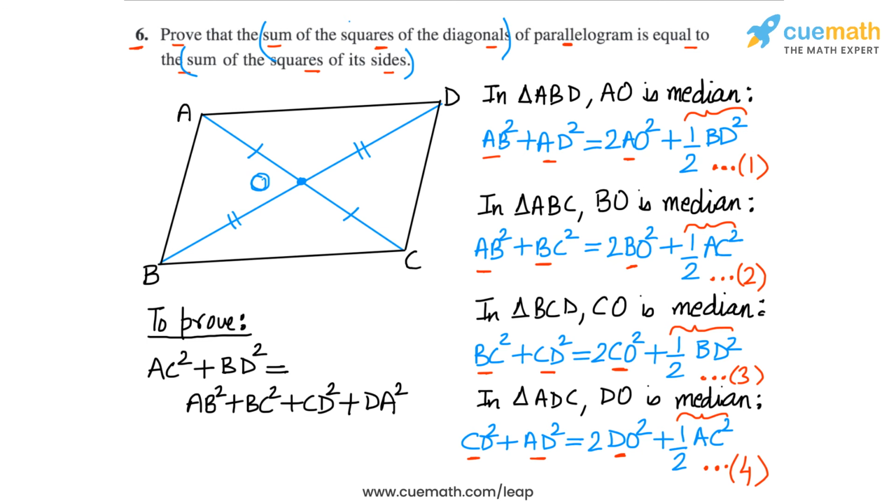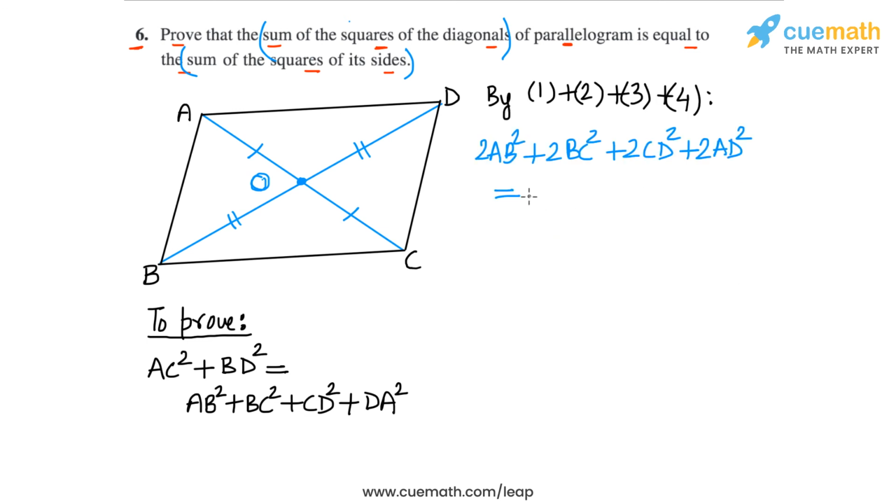So let's write this sum on the right side. So on the right side we will have twice of AO square plus twice of BO square plus twice of CO square plus twice of DO square, and then we have AC square and we have BD square.